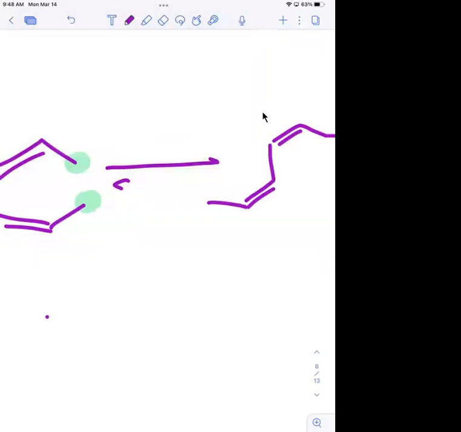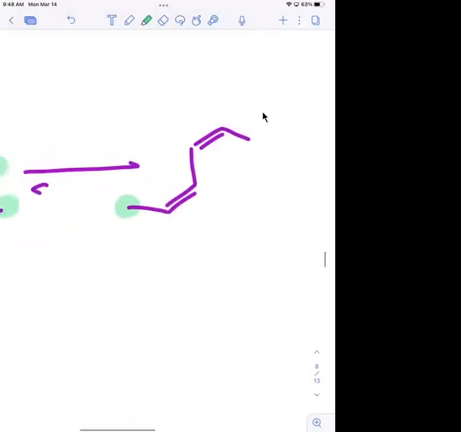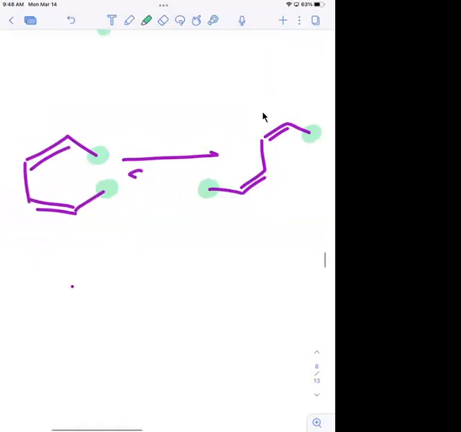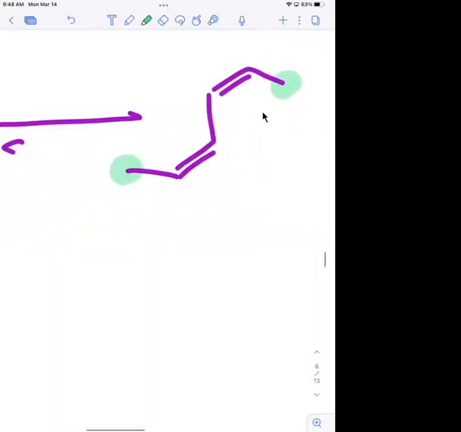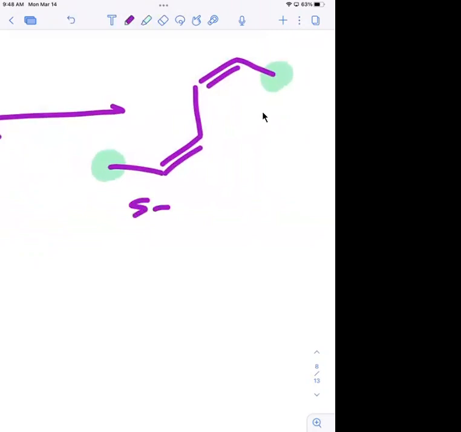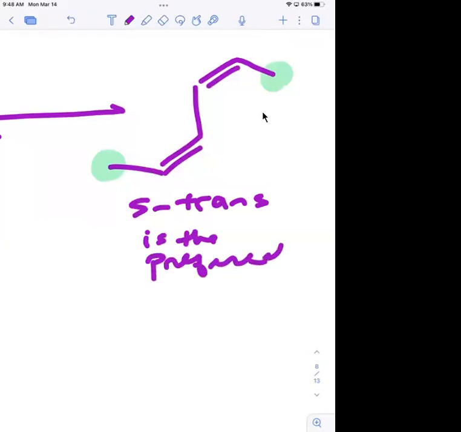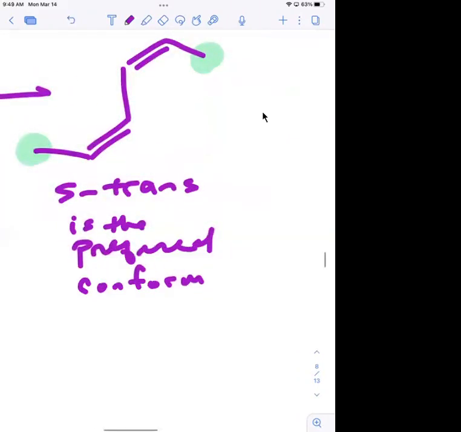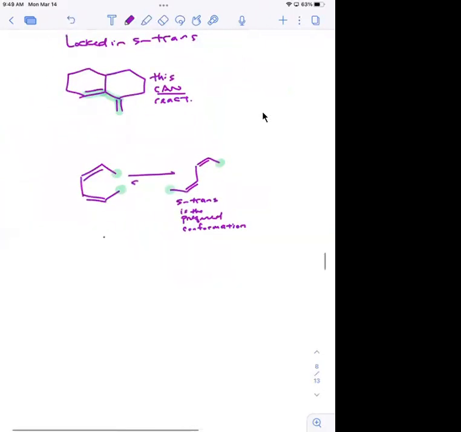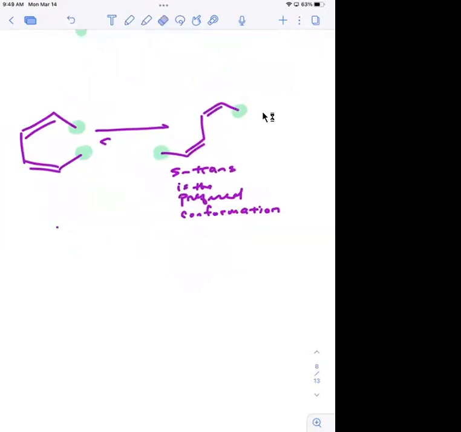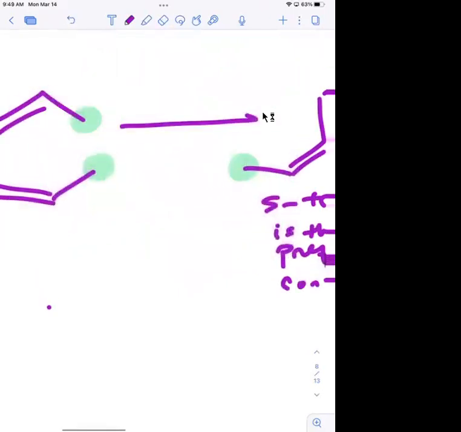Again, this is based on sterics, because those methyl groups do not want to be in proximity to each other like that. So a diene like this is not going to react under Diels-Alder conditions, no matter how much you heat it up.